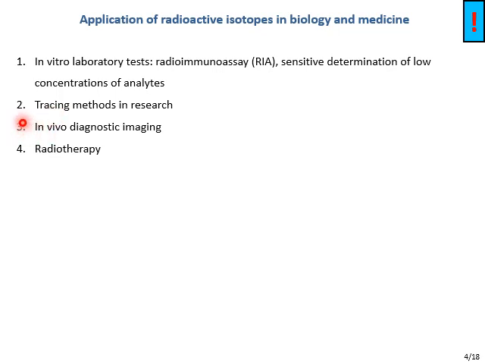And basically, the same principle is used in category three when the fate of such radioactive labeled substances called radiopharmaceuticals is followed in a whole animal or in patients in vivo diagnostic imaging. And at the very end of the lecture, I am going to talk about the application of radioactive isotopes for radiation therapy of cancers.